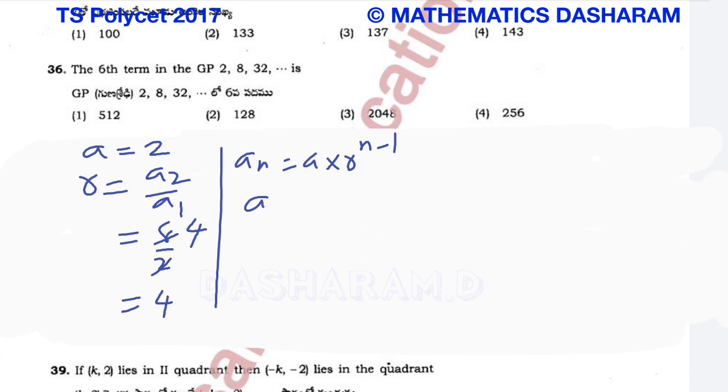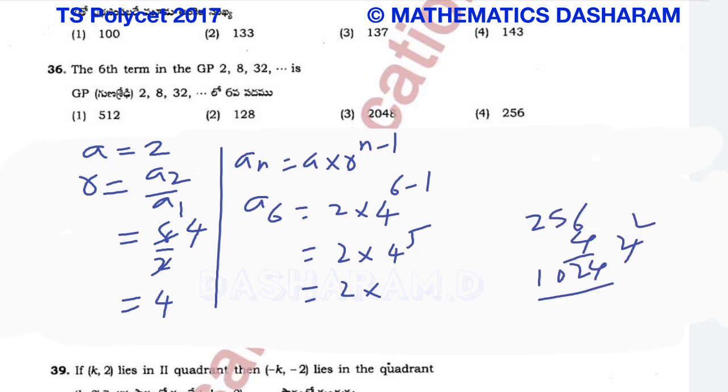So the sixth term a6 equals 2 into 4 to the power of 6 minus 1, that is 2 into 4 to the power of 5. 4 to the power of 5 is 1024, and 2 into 1024 is 2048. So here option 3 is correct.